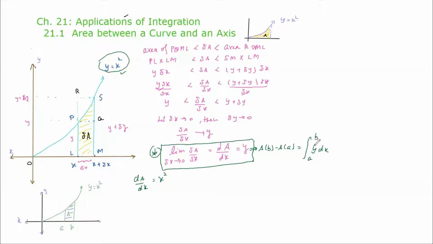So we always go from a to b, destination minus original point. So we get area of b minus area of a. And because y equals x squared, the same idea applies: A of b minus A of a equals the integration of x squared dx from a to b.